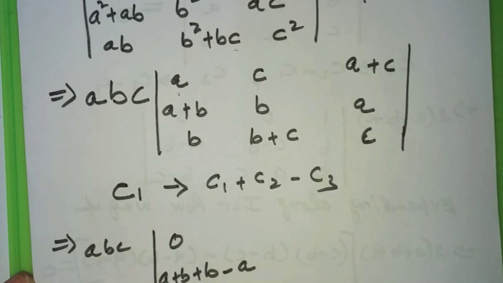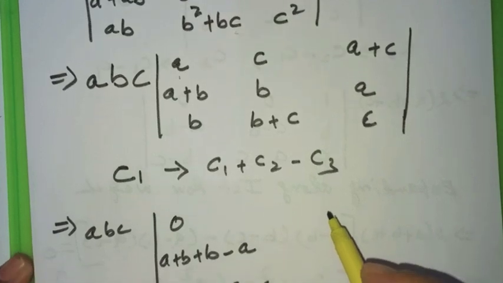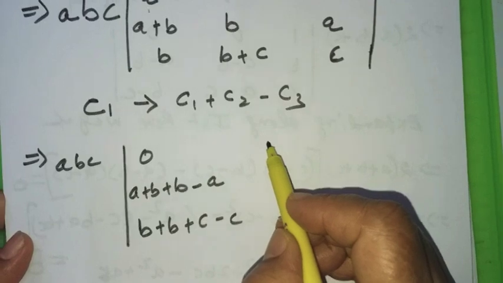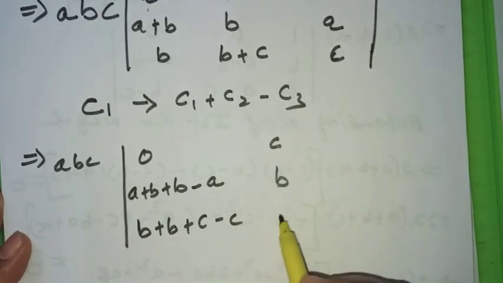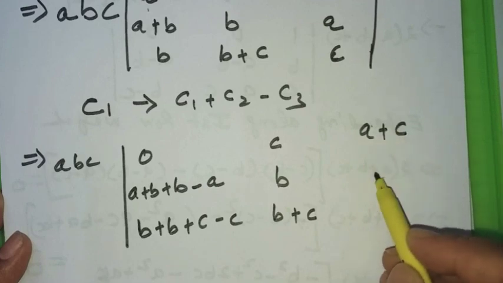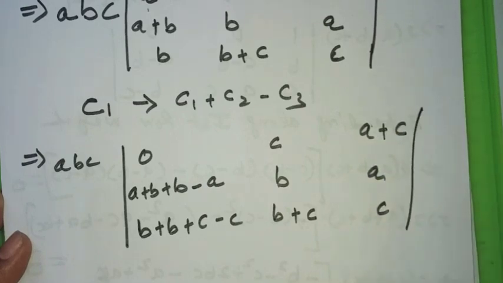The third element of the first column becomes b plus c minus c. And column 2 and column 3 will remain the same. So I copy down column 2, c, b, b plus c, and column 3, a plus c, a, c.